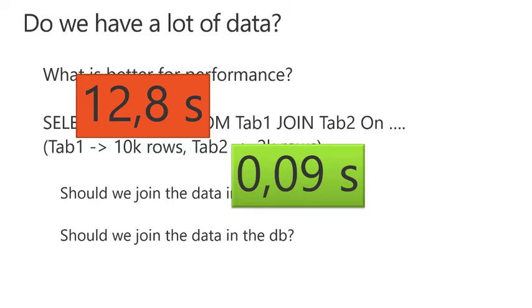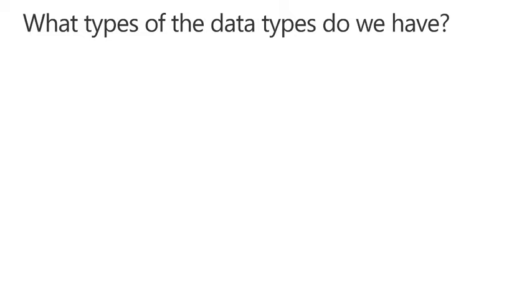But let's move forward. Now I have another question, and believe me, we have no more slides, maybe 5, but this is very important right now. What types of data types do we have? A data type is like an integer, like a string. We can have a float value, we can have characters.